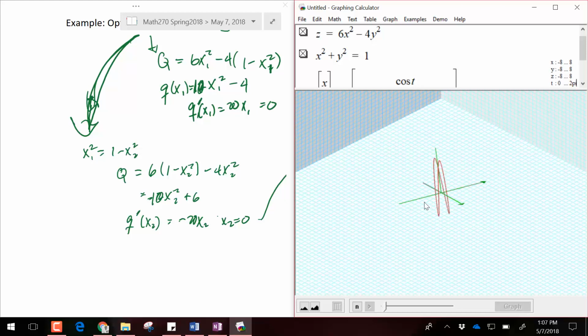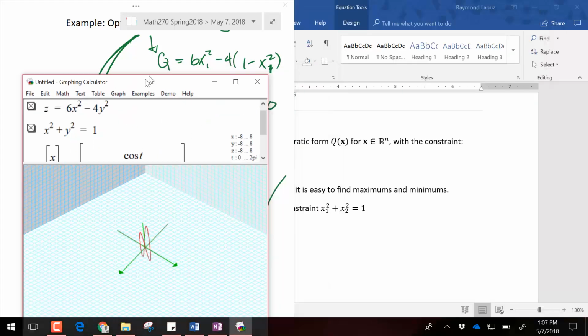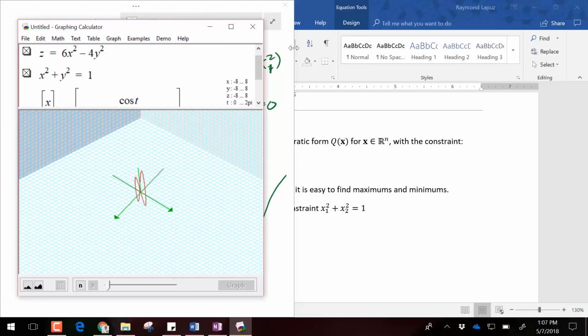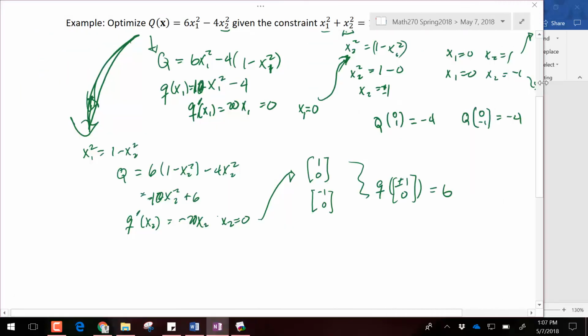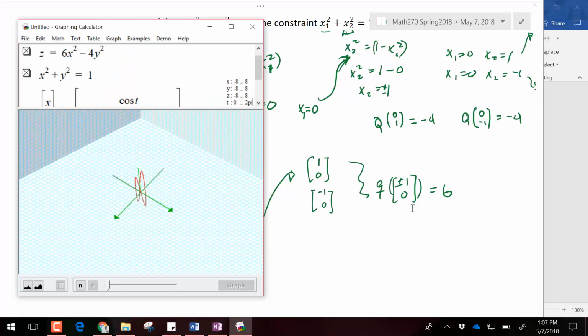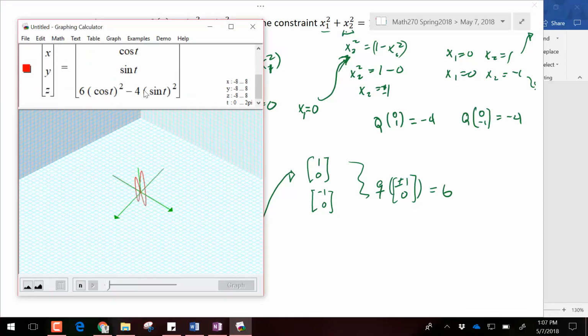So here is the graph that we're looking at, and the places where we hit the maximum would be those places. And so what did we say? We hit the maximum at 6 and -4, and so they each have their x and y components as well. So if we try to look for where those are, the point is going to be 0, 1, and -4.